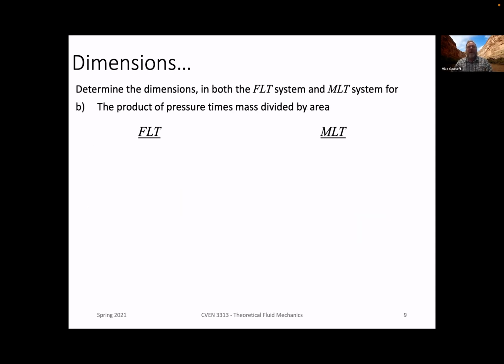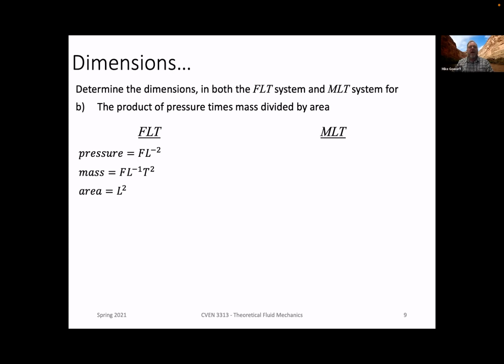So. All right, part B, the product of pressure times mass divided by area. In the FLT system, the force length time system, pressure is in force per length squared. Mass is in force times time squared per length. Yep, that's right.